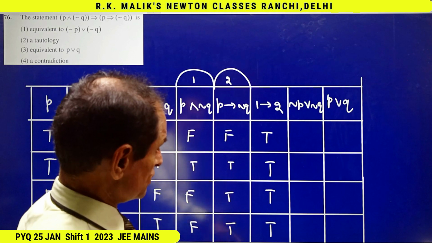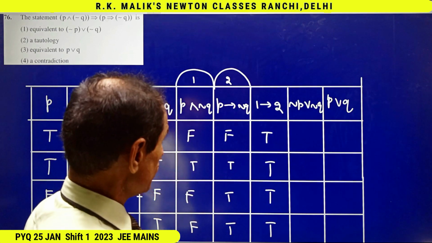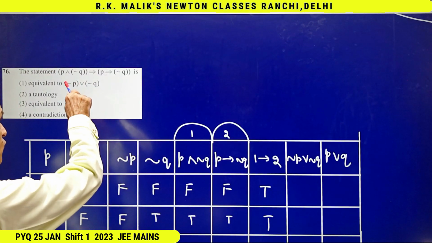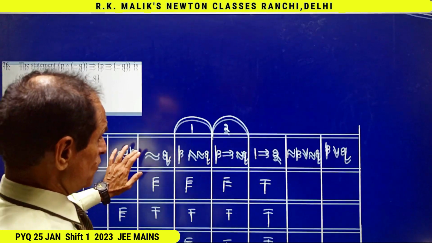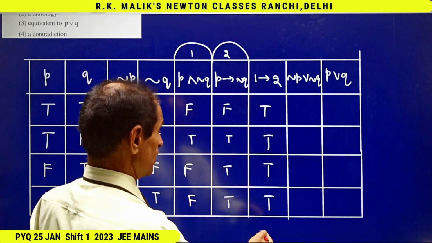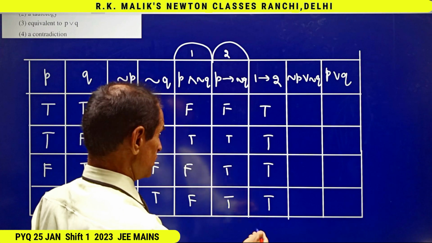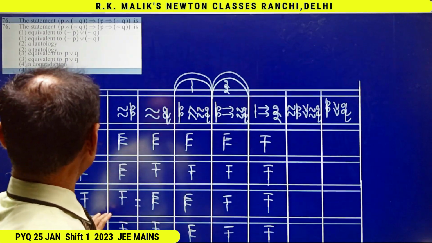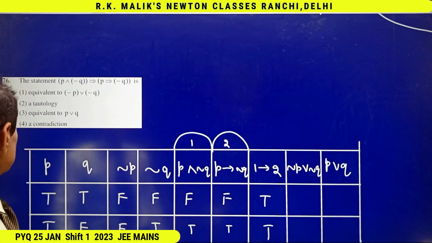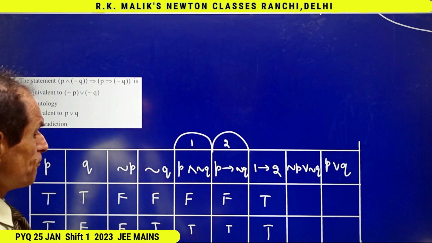Therefore, it will be true, true, true, true. All these cases will be true. And because the given statement was 1 implies 2, and here I have got all T, therefore I can say 1 implies 2 is a tautology.